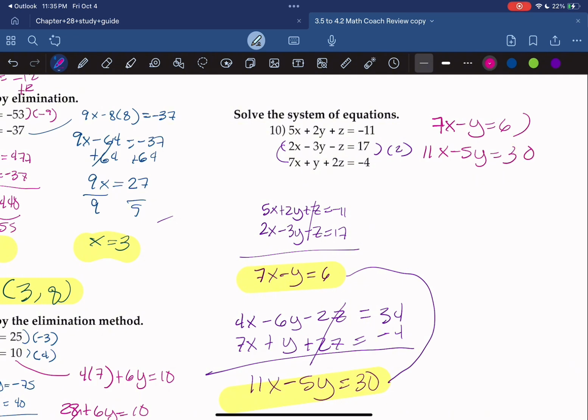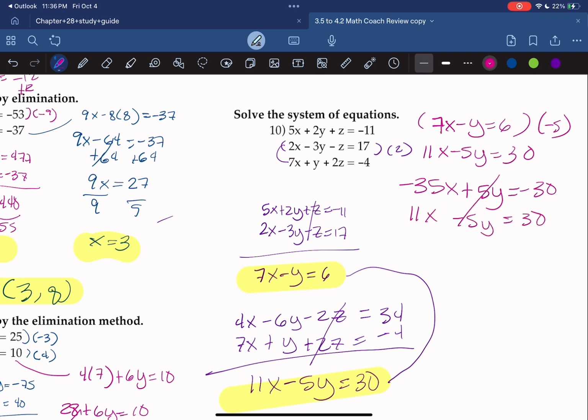Let's multiply this by negative 5 to make it a positive 5 so it can easily cancel. 7 times negative 5 is negative 35x plus 5y equals negative 30. And then we bring the other one down.